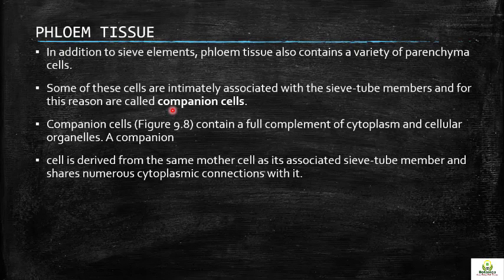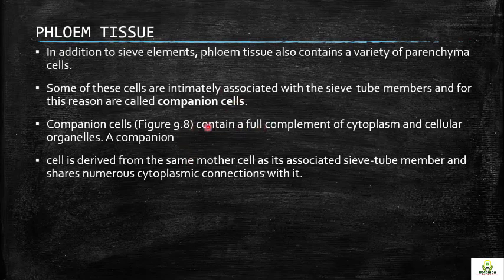We have discussed why they are called companion cells: because they are associated only with the sieve tube member, and when the sieve tube member is no longer active or is dead, the companion cells also die and are no more there. So their life is dependent upon the sieve tube elements. That's why they are called companion cells.